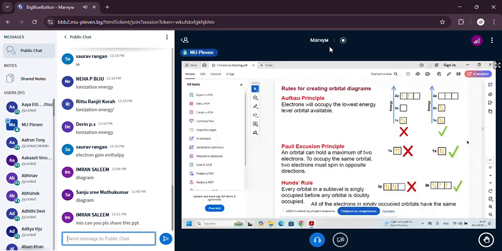There is also Hund's rule. According to Hund's rule, electrons of equivalent atomic orbitals should be occupied first with single electrons of parallel spin, and after that, these electrons will be doubled.